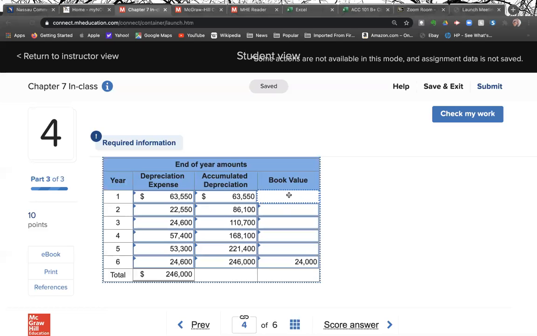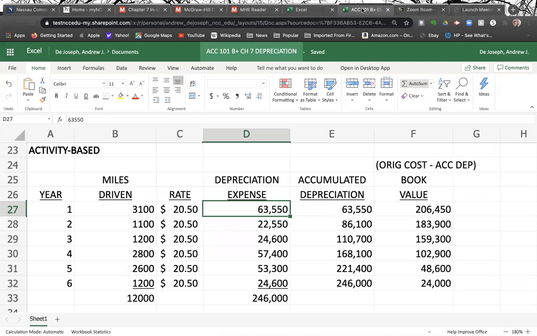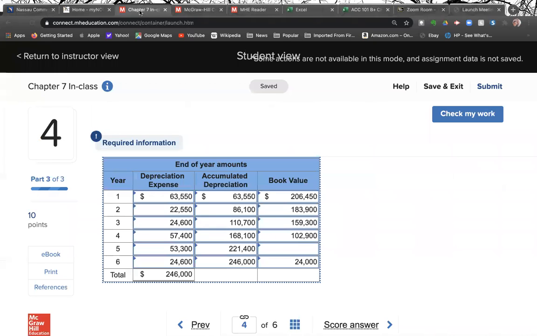And this was 206,450, 183,900, 159,300, 102,900, and I have to go back and look. 48,600.